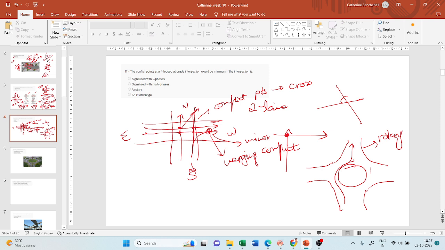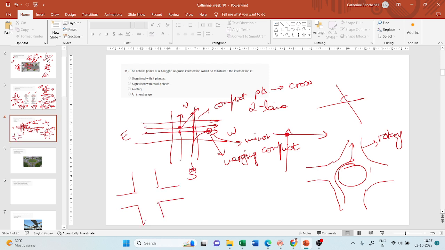Another way is you can introduce a signalized intersection. So what will a signalized intersection do? When you make the intersection signalized, you won't allow all the vehicles to move all the time, right? Imagine you have this four-legged intersection and you give green to this leg. This is called a leg of the intersection.